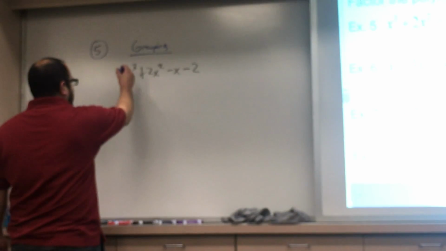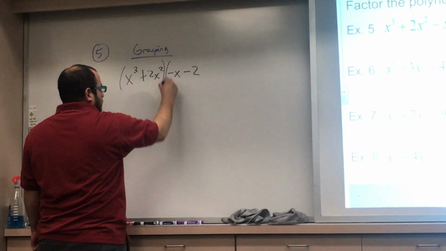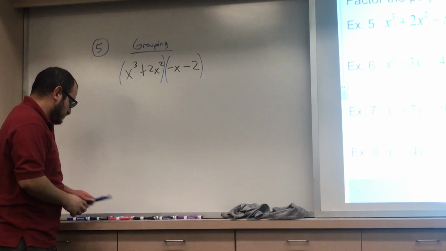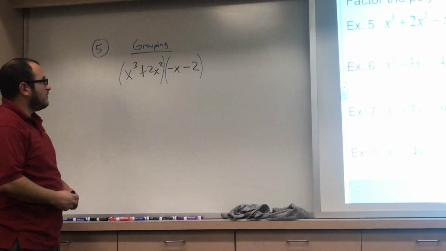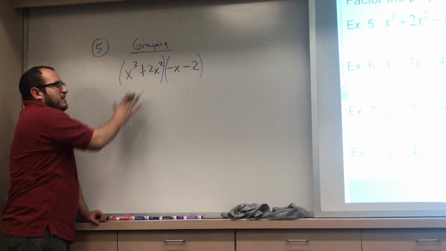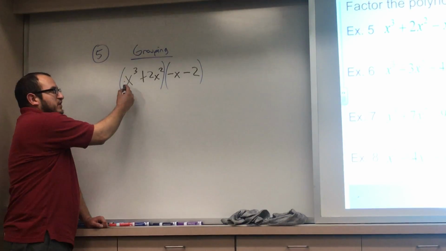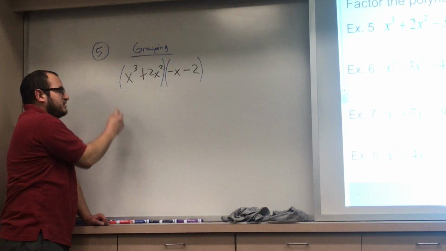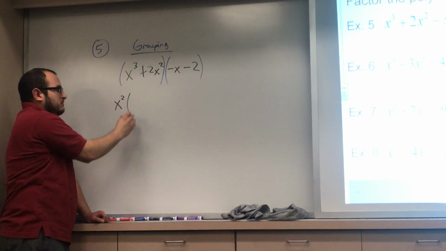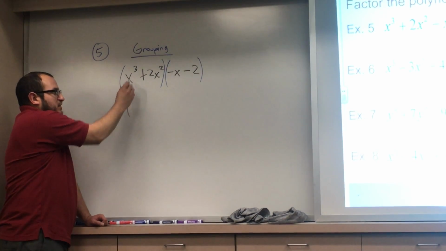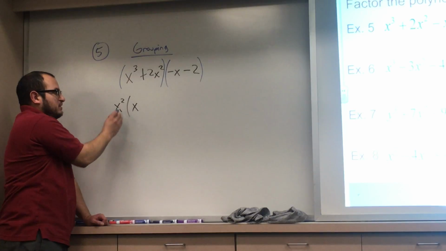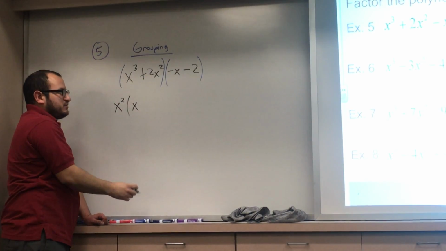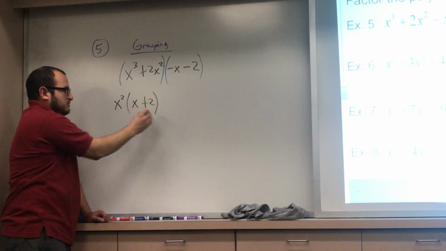So I'm going to put parentheses here. What do these two have in common? They don't have any number in common, they have an x in common. How many x's? Look at the smallest one. So it's x squared. X squared times what gives you x cubed? That's x. X squared times what gives you 2x squared? That's 2.